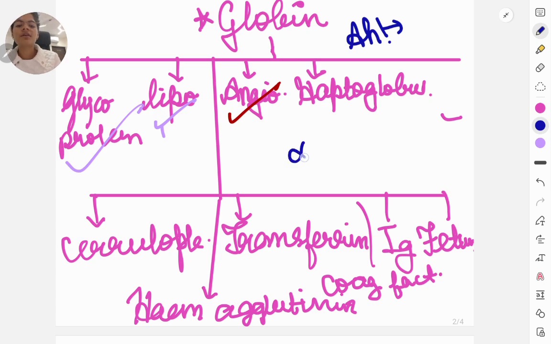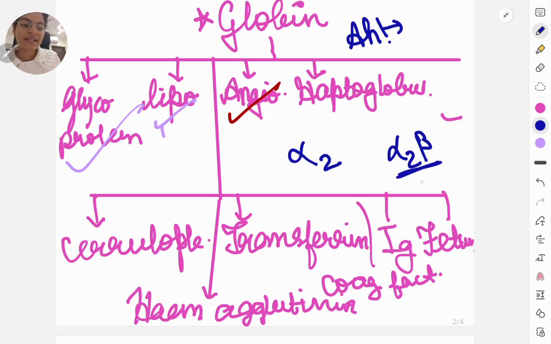We have two forms now: alpha 2 globulin or alpha 2 beta. Alpha 2 beta means we have alpha 2 and also beta. So we will be saying, wow, it is too cool. So we will be blowing a whistle.